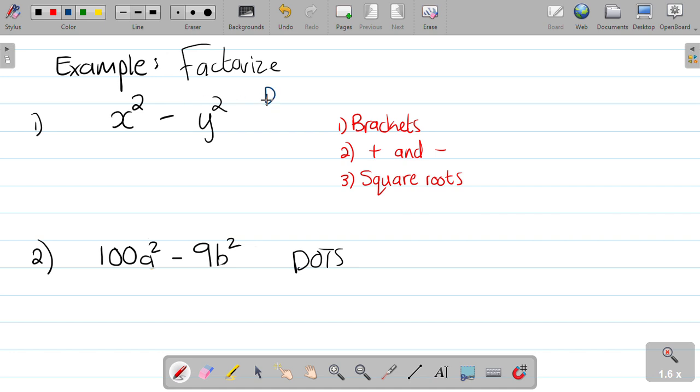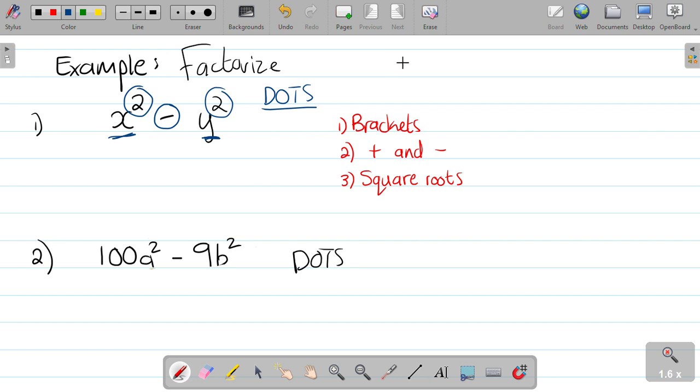Why, Mr. Hing? Because dots, if we have a look at what it stands for, D stands for the difference of, so there's a subtraction sign, and there are two terms, the x squared, the y squared, and those terms are squared terms. Mathematically, I'll show you how we know that.